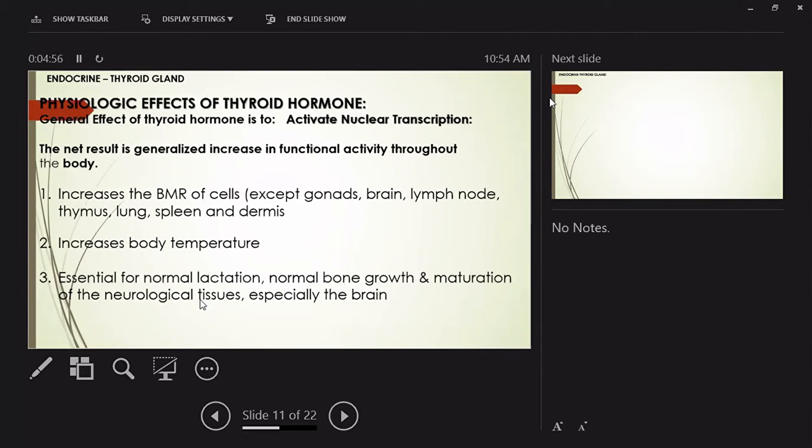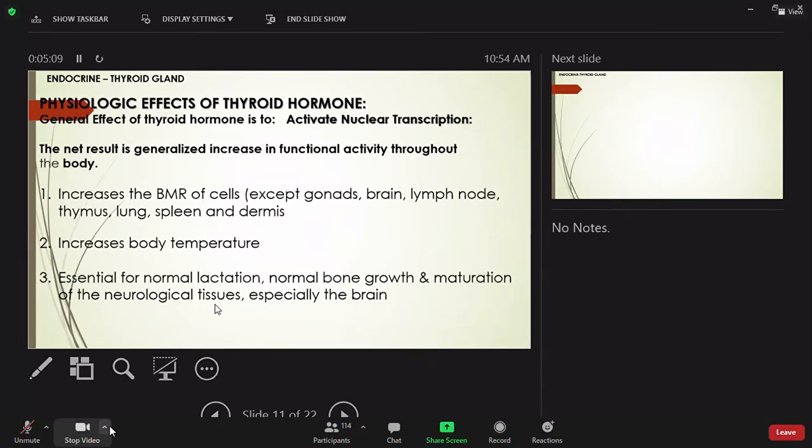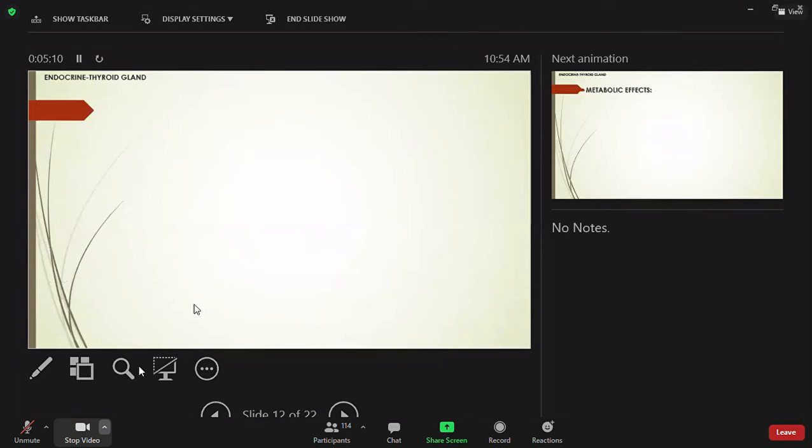That's why it is important to have iodine during pregnancy to prevent mental retardation of the fetus.